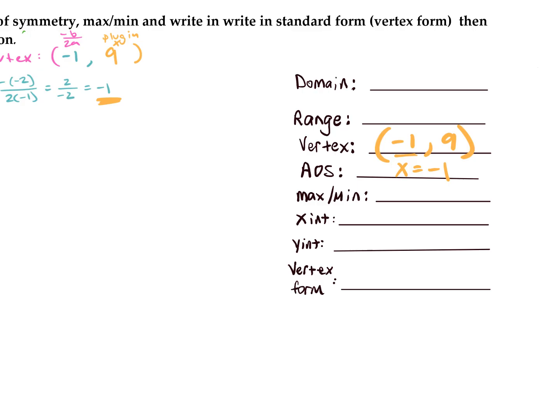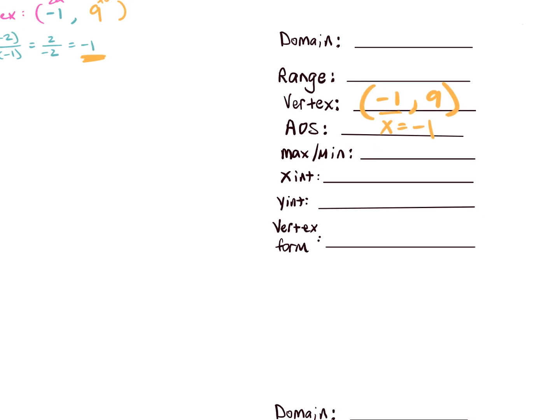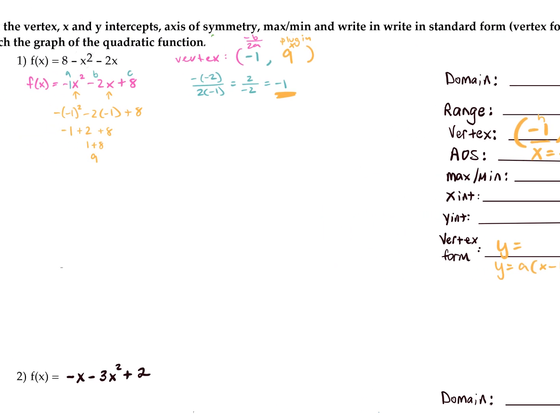We can also put this into vertex form. Our vertex form is y equals a times x minus h squared plus k, where our h and k come from our vertex. So we have y equals, what's our a?